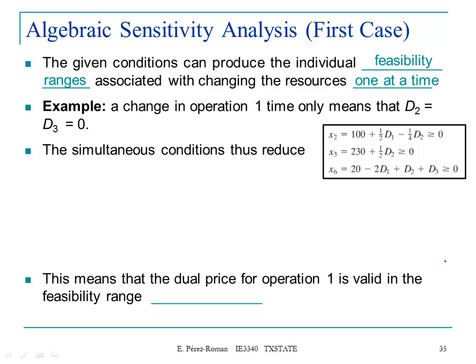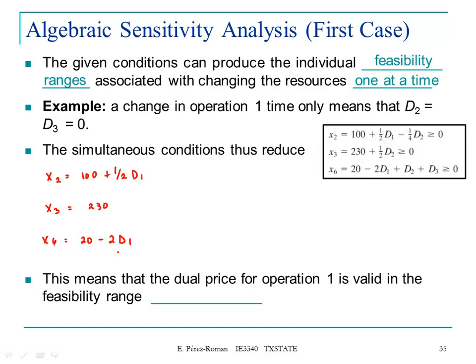So the simultaneous conditions thus reduce these feasibility conditions to the following. So we have x2 equals 100 plus 1/2 d1. We have x3 equals 230 and x6 equals 20 minus 2 d1.